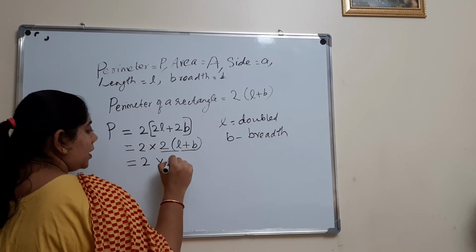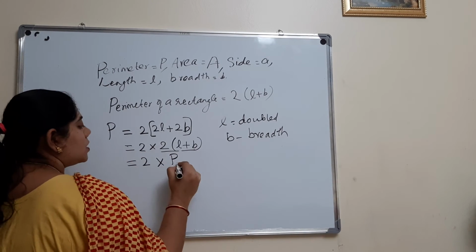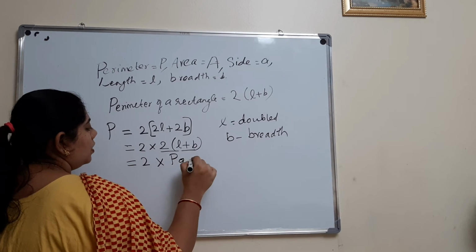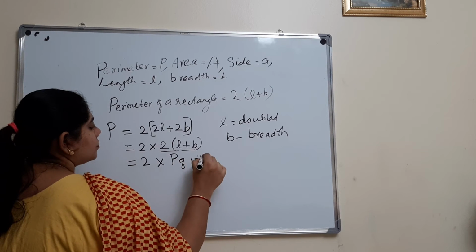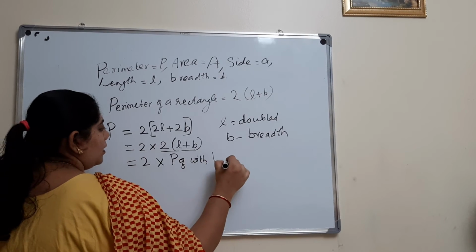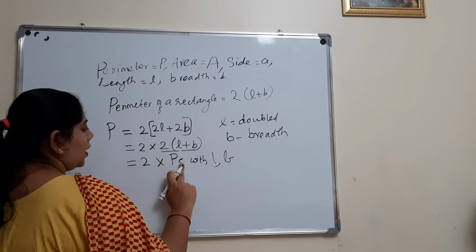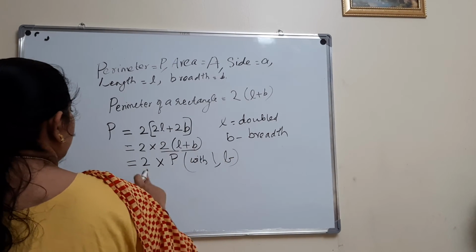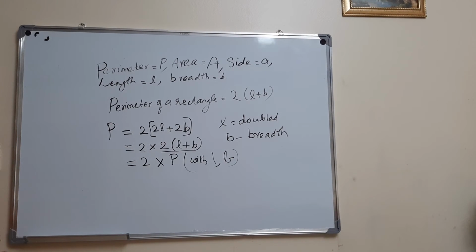The rectangle's perimeter becomes 2 times the perimeter with original length L and breadth B, right? So the perimeter of a rectangle also gets doubled when the length and breadth get doubled.